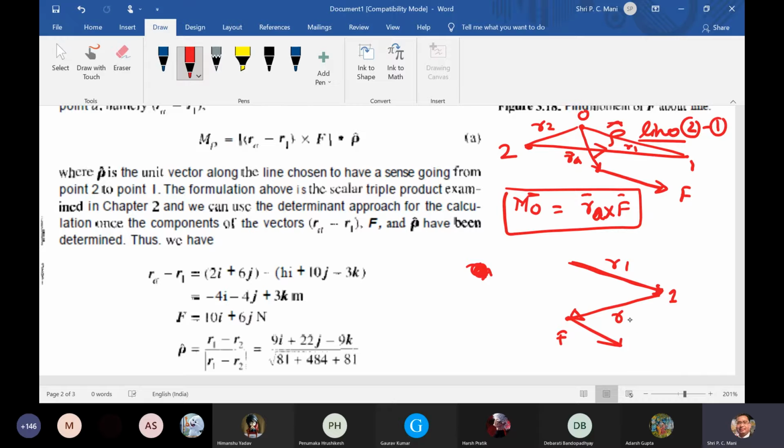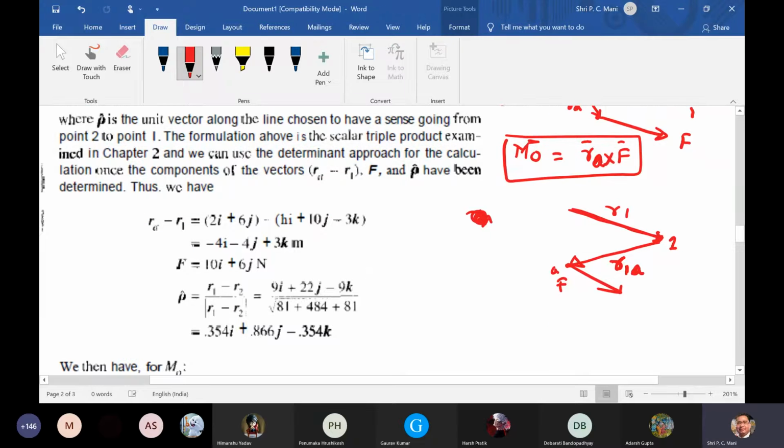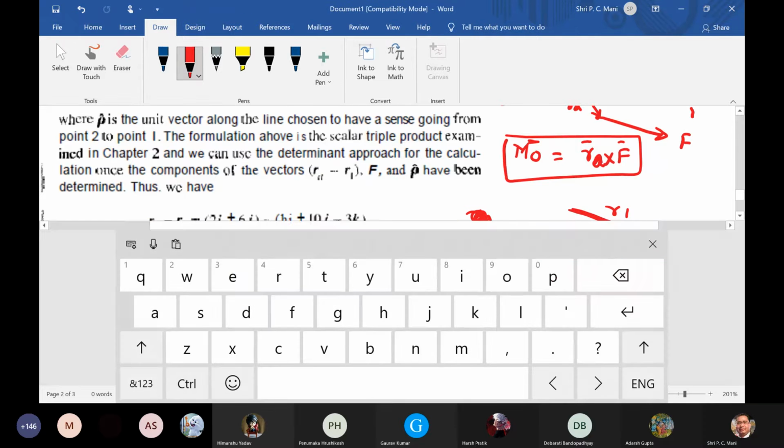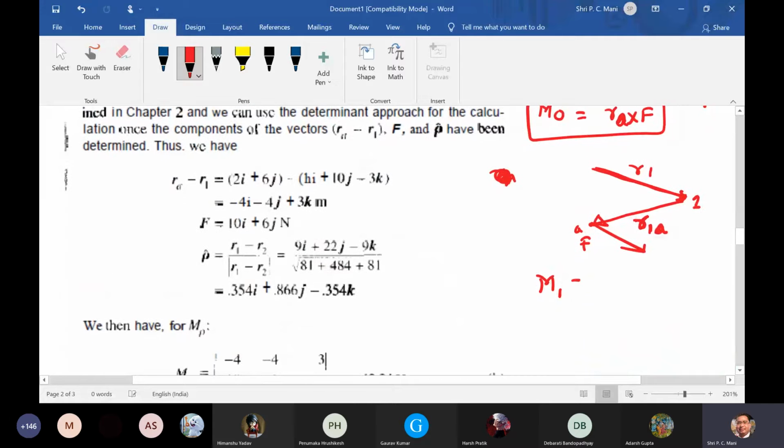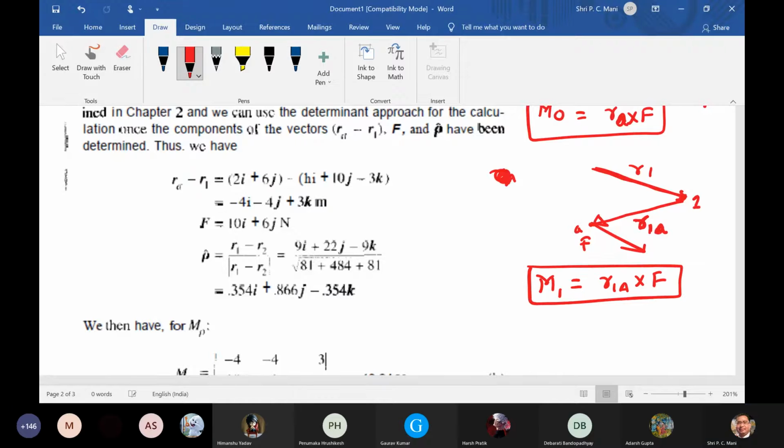For example, this is point A. So 1 to A will be R1A. Clear? R1A, and the moment about this point 1 will be R1A cross F. Is it okay?